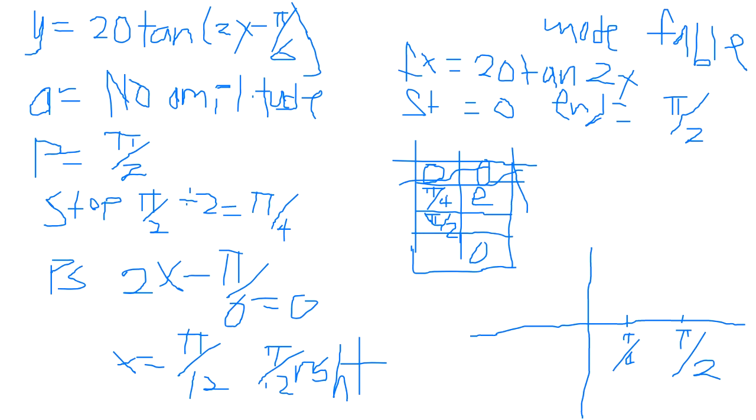Where there was the error was an asymptote, and 0 was 0.